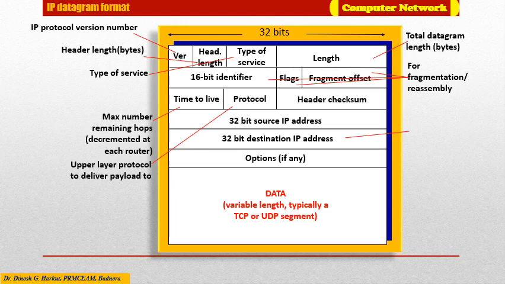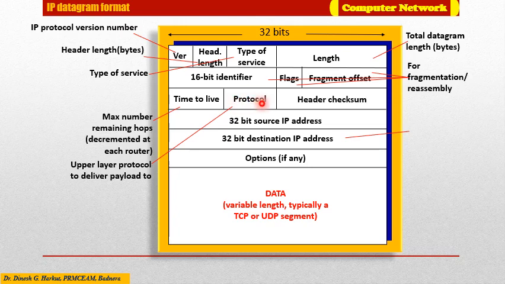That is, this field is used only when the IP datagram reaches its final destination. The value of this field indicates the specific transport layer protocol to which the data portion of this IP datagram should be passed.